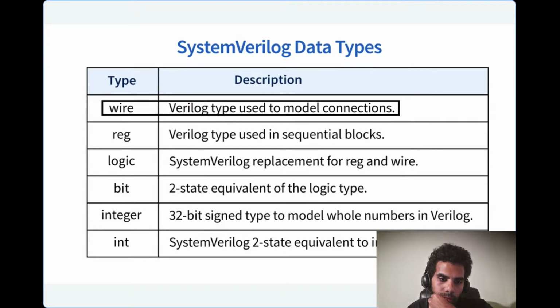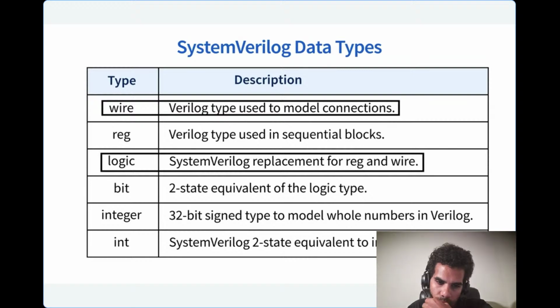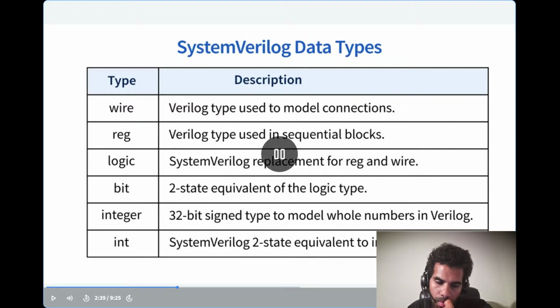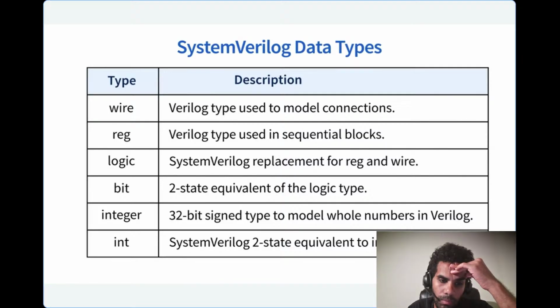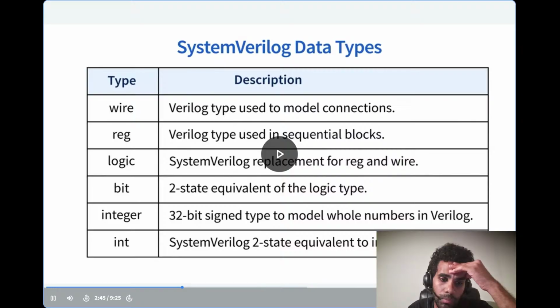Types like wire and logic are used to connect models and move signals around, much like physical wires in hardware, with logic serving as a modern flexible replacement for both wire and reg.